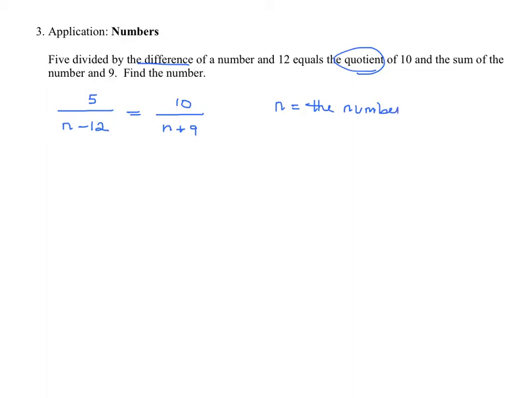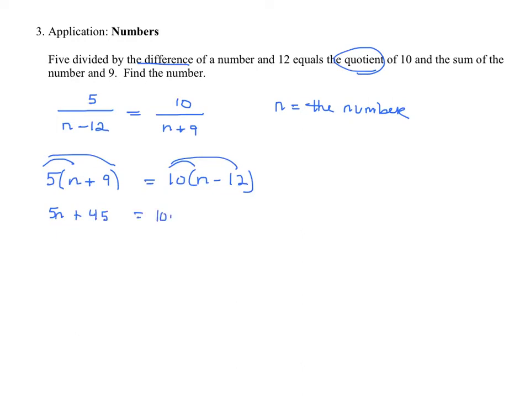I love this problem because it's another cross multiplication problem because we have a proportion. Nice. Distribute: 5n plus 45 equals 10n. Take away 120.